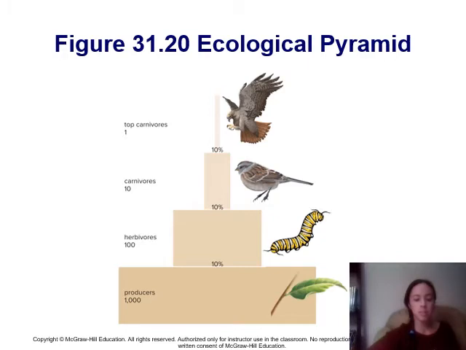In this particular ecological pyramid, there is 1,000 kilograms of plants. Because only 10% of the energy can be passed on to each trophic level, this can only support 100 kilograms of herbivores. The 100 kilograms of herbivores can only support 10 kilograms of carnivores, which can then only support 1 kilogram of top predators.